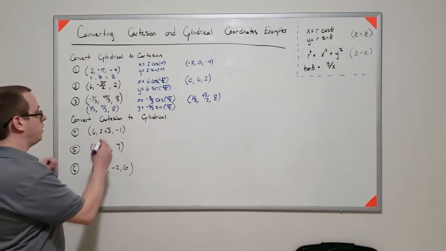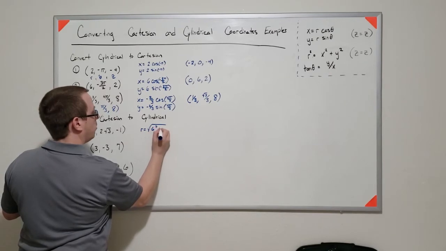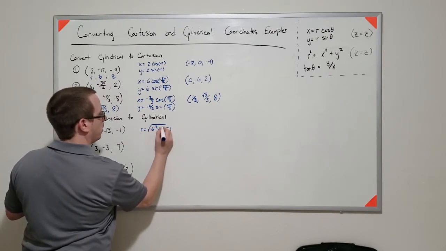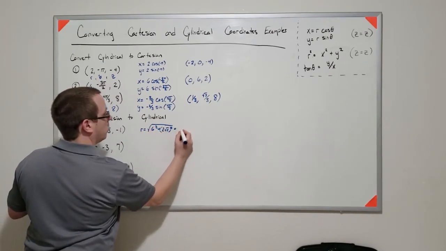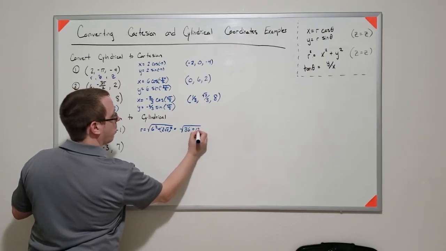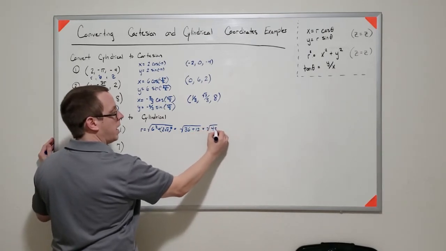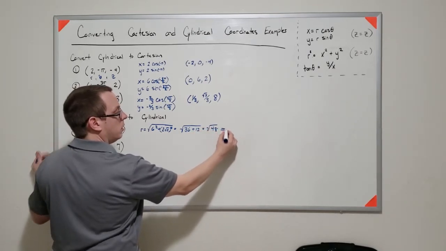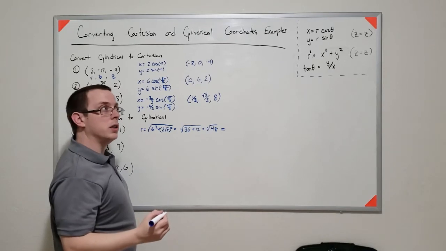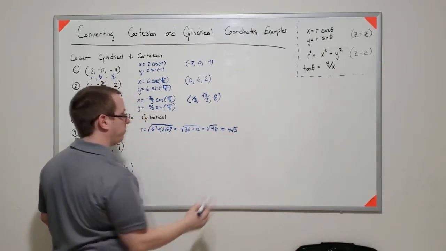So we know that r is the square root of 6 squared plus 2 root 3 squared, which is the square root of 36 plus 12, which is the square root of 48, which then is 4 root 3.